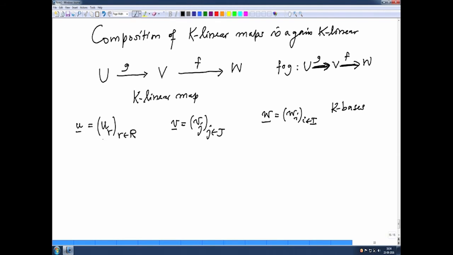We study G by taking the values on the basis and writing them as a unique combination of the basis. That means for each r in R, G of U_r, you write in terms of V_j.